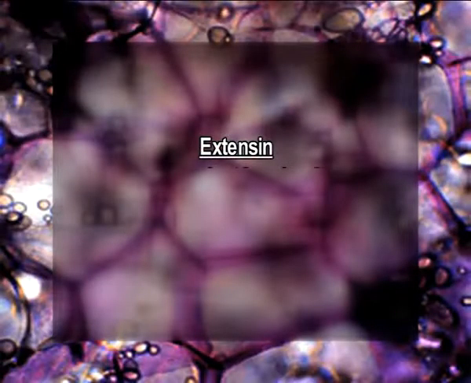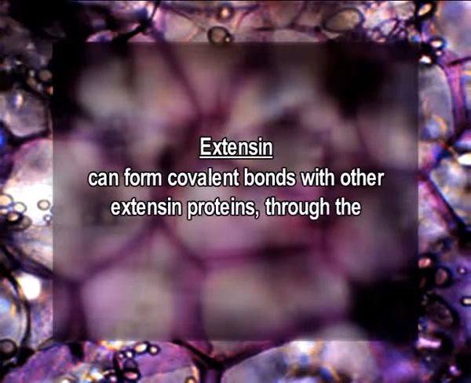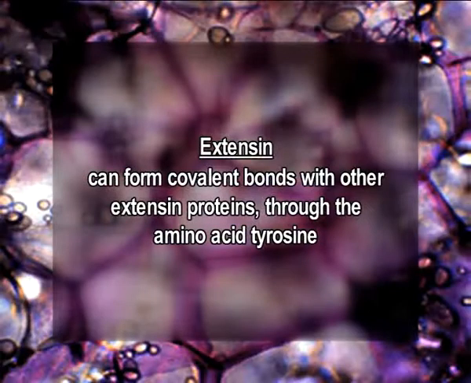Another type of structural cell wall protein, called extensin, can form covalent bonds with other extensin proteins through the amino acid tyrosine. In extensin, the tyrosines are evenly spaced, and when they bond with tyrosine on another extensin molecule, they can wrap around other cell wall constituents, knitting the cell wall together.